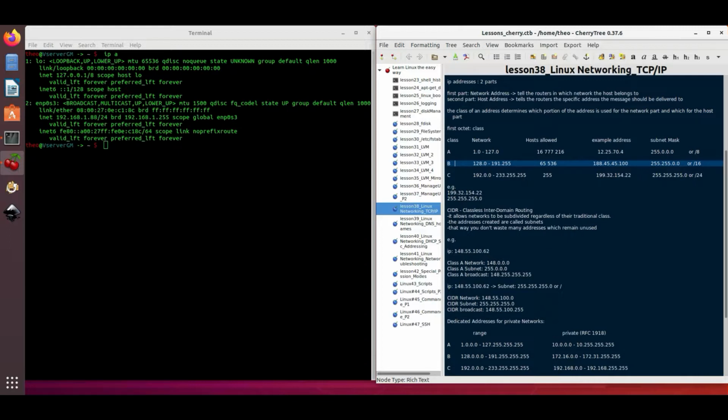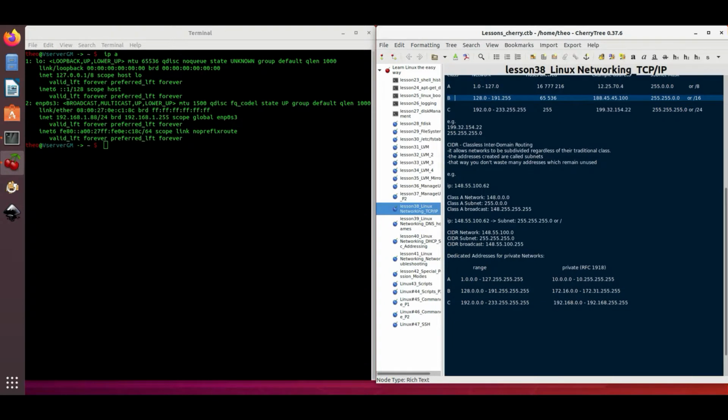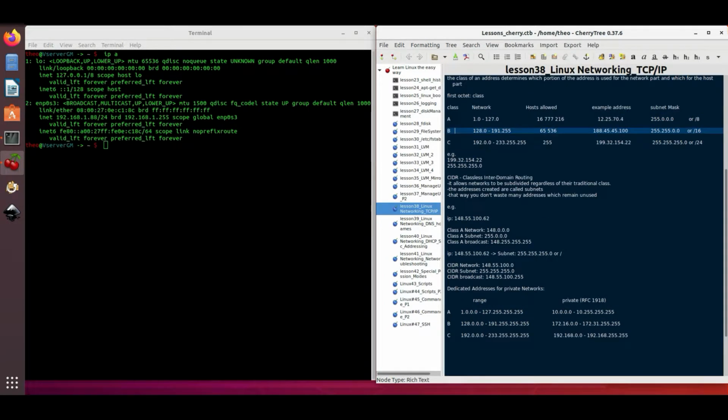So here's an example address and the subnet mask, and as we said, the class C is in this range here. As you can see, the hosts that are allowed are 255, and this is an example address, and the subnet mask is exactly as we stated here.